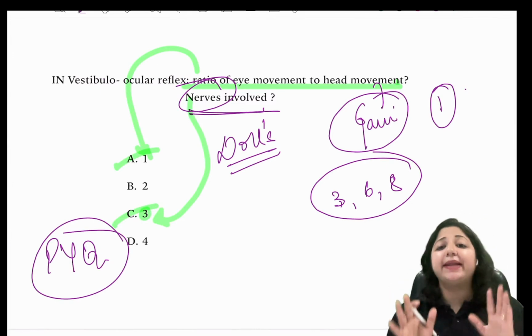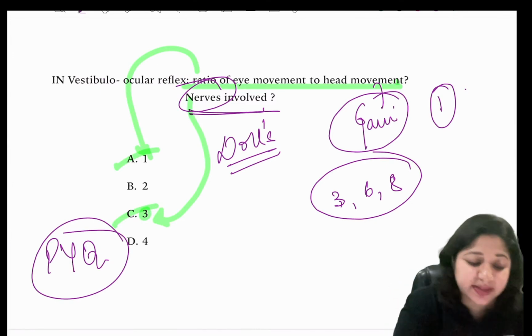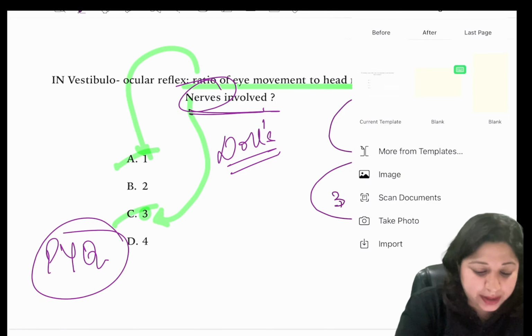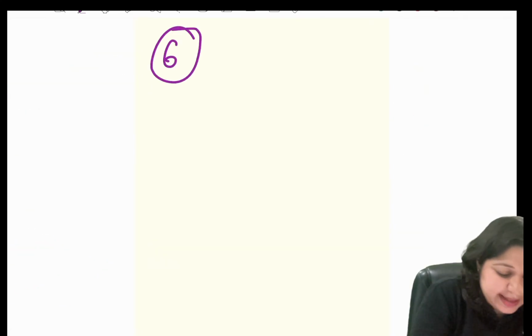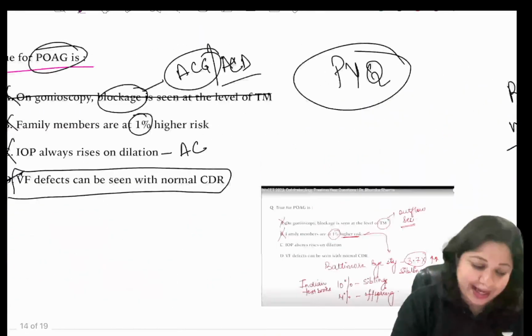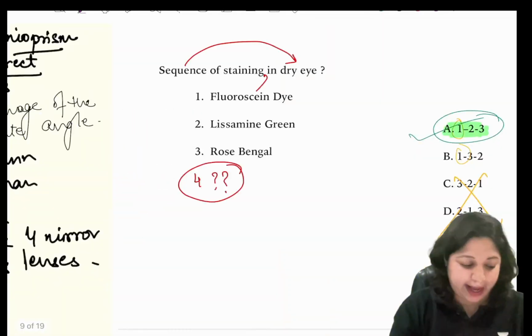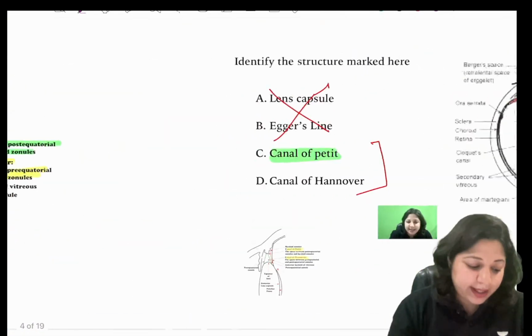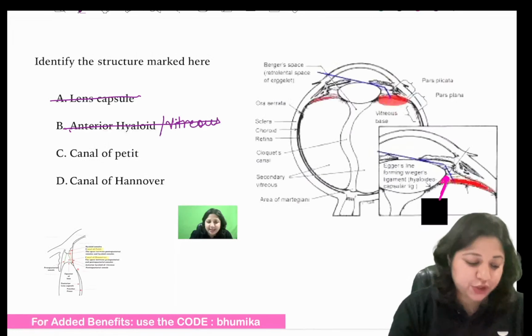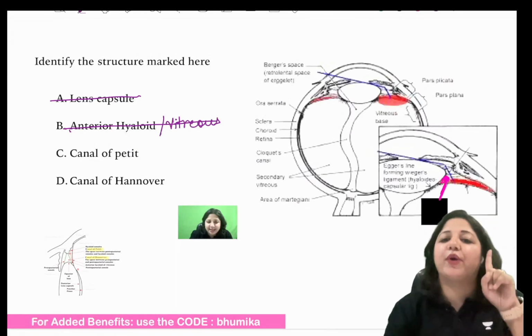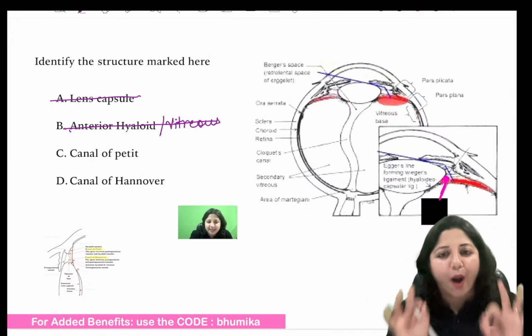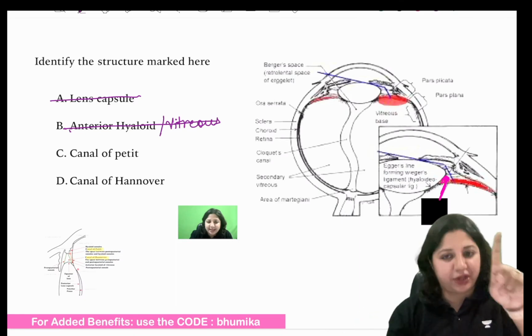INI-CET. So if I now take an analysis of the 6 questions that were asked, so let's quickly revise and count what we have. Quickly going through this image, the first question I said, this is canal of Petit. Okay, I take that. That was one very difficult question. Agreed.